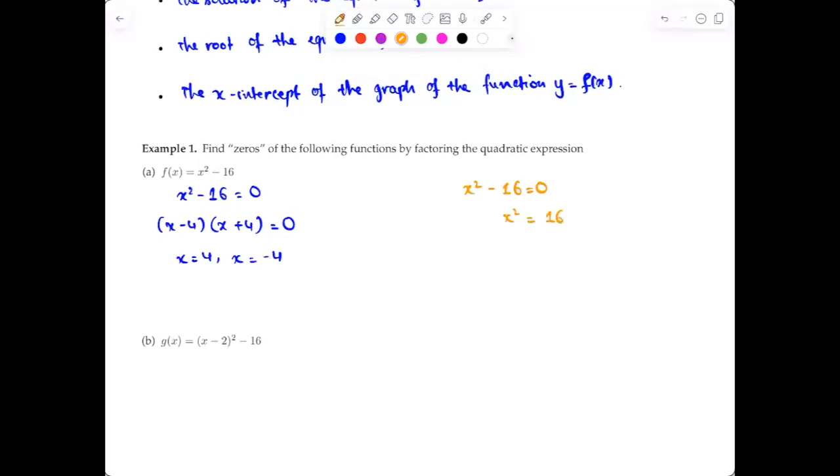And then you take the square root on both sides of the equation and you get plus and minus 4. Any questions on that? All right. So remember, when you take the square root of both sides of an equation, you're supposed to have plus and minus.